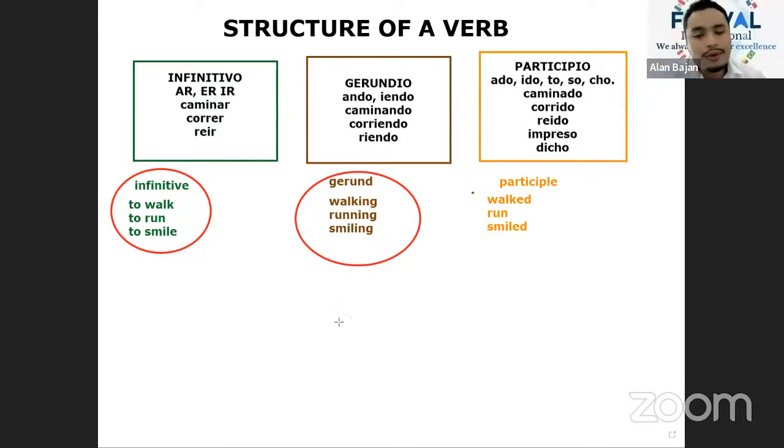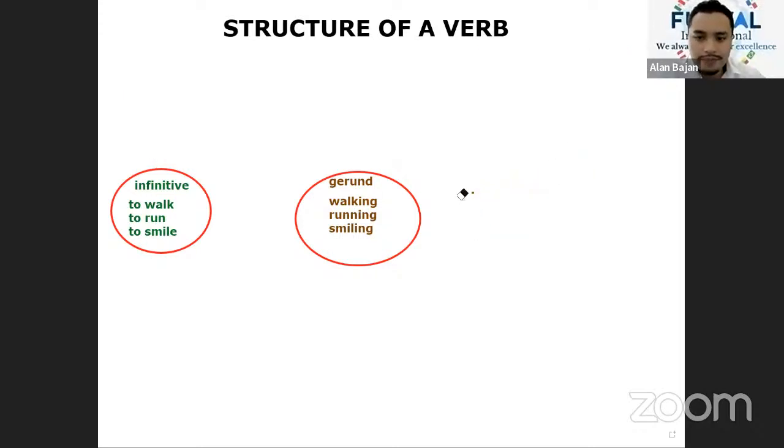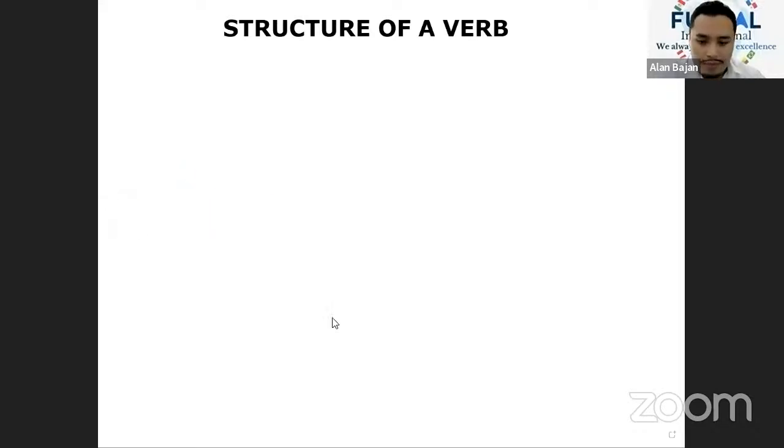Thank you, thank you. Okay, so for the gerund, we have specific rules. Let's delete this. And we will learn these rules that are very, very simple. Rules of gerund, or gerund rules.